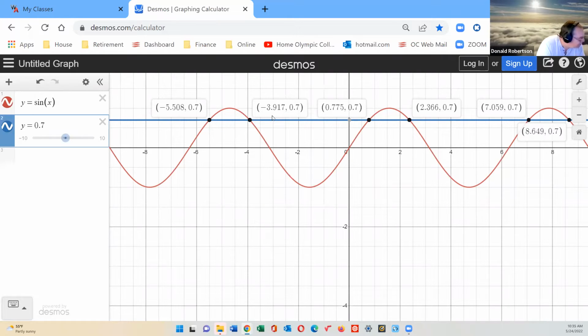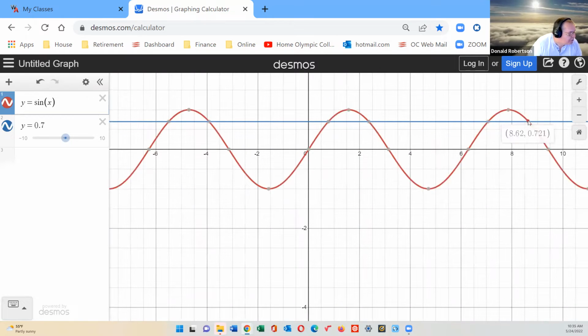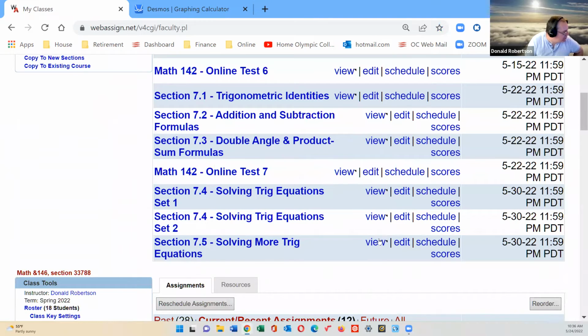You'd be using as the next one -3.917. I'm not doing them all, but if you did that last one, which is kind of here, I'm going to have to move it to see it. 8.646649. Are you comfortable that that wasn't actually that bad, right? You plug it in, you get lots of answers. Now, if the answers were meant to be to 3 decimal places, then we are totally okay.